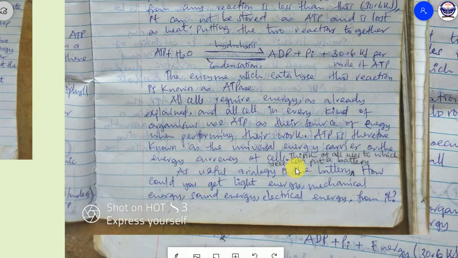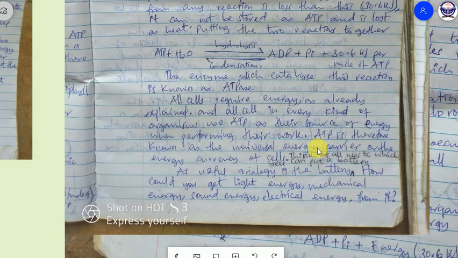Think about all the uses of a battery, which you can put in different applications. By thinking about all the uses of a battery, you can think how ATP can be used in different categories of cells. How could you get light energy, mechanical energy, sound energy, and electrical energy from the same battery?